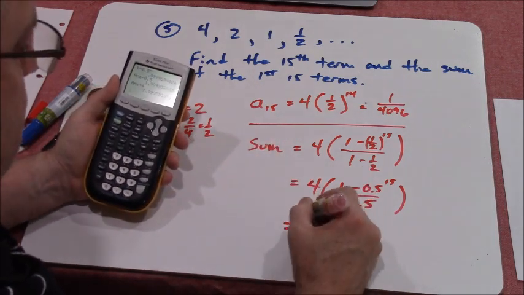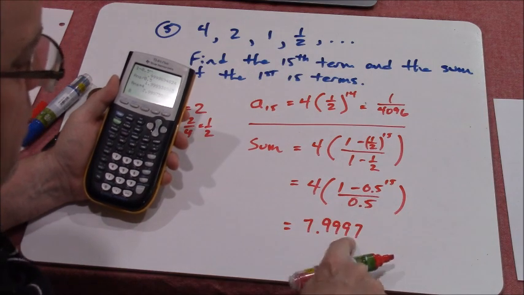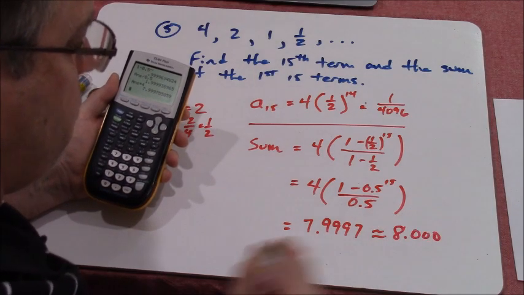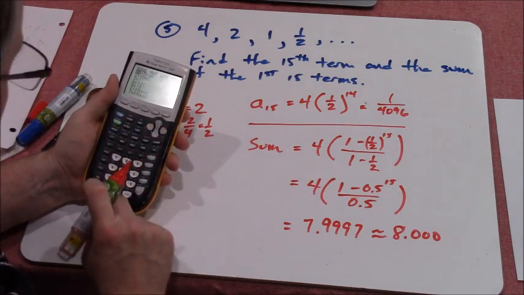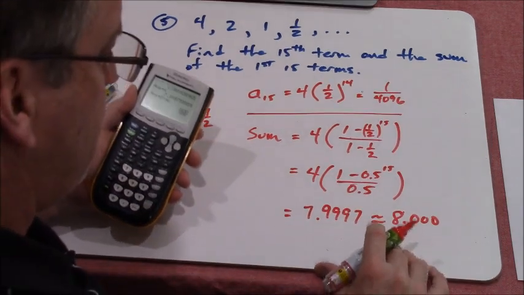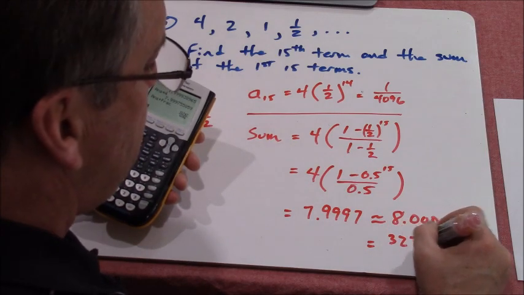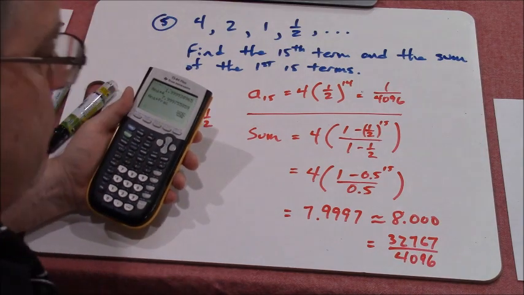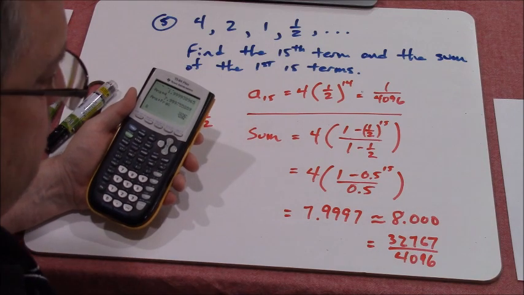I got 7.9997, so if I round that off, I guess my answer is 8.00, about 8. If I try to convert to a fraction, I got this fraction right here, 32,767 over 4096. Which, just looking at that, 32 divided by 4, that's pretty close to 8.